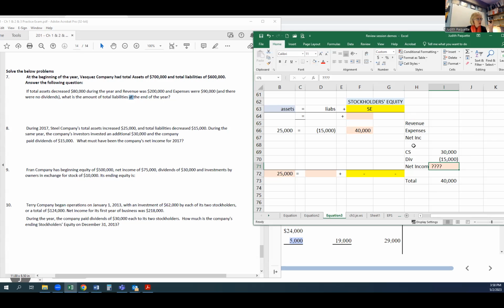Common stock is under stockholders' equity. Dividends are under the calculation of retained earnings. Net income is under the calculation of retained earnings. And the whole net change for the year for common stock and retained earnings is a positive 40,000. So if you know 30 minus 15 plus x equals 40, what is your x? 25. Aaron says 25. Aaron is right. If you add those up, you have 15 plus 25 is 40. So 25 is the answer.